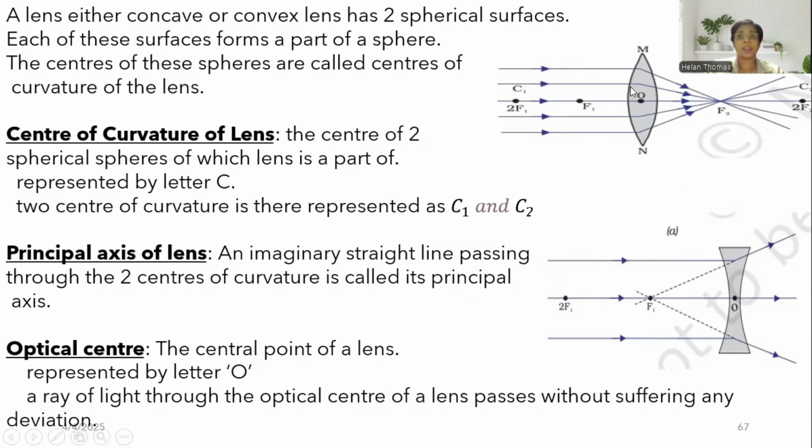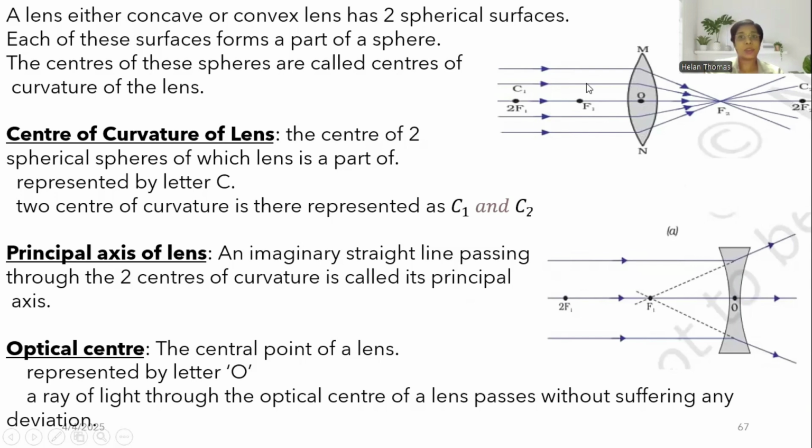So C1 is actually twice the focal length, twice F1. Likewise for this other side, F2 is the focus, so C2 will be twice F2. The center of curvature of the lens is the center of the two spheres of which the lens is a part.